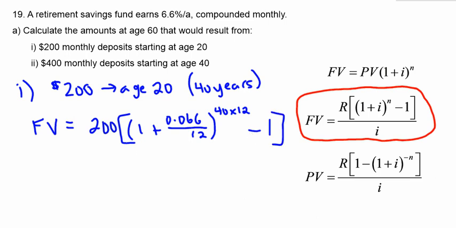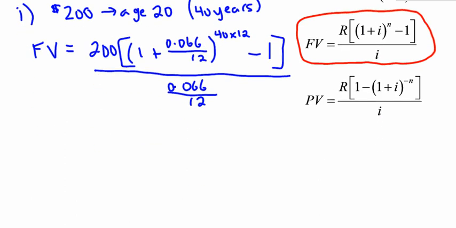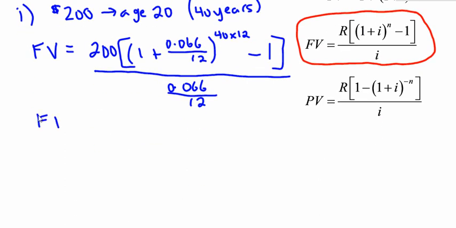So there's the numerator. And in the denominator, it's 0.066 divided by 12. So that's that 6.6% per annum, but compounded monthly again. So let's see what we have. Inside the bracket is a bracket, so I deal with that first. 0.066 divided by 12, and then I'll add 1, and I get 1.0055.